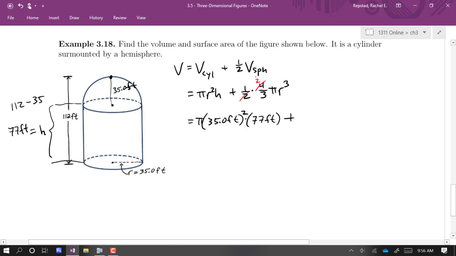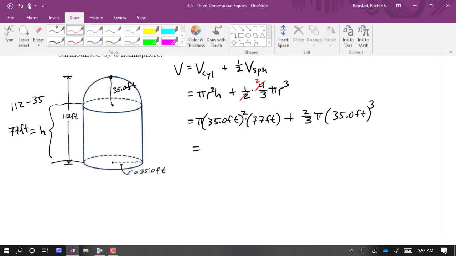And now, moving on to this hemisphere, we have 2/3 times pi times 35.0 feet cubed. So if we get this in terms of pi first, this first calculation, I'm going to take 35 squared times 77.